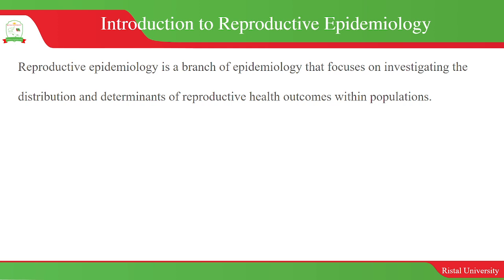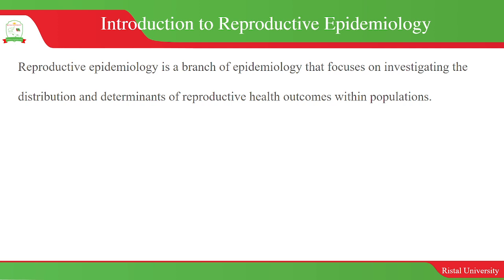When we talk about reproductive health outcomes, we are referring to positive reproductive health outcomes and negative reproductive health outcomes. Positive reproductive health outcomes refer to people attaining the best possible, or optimal, health outcomes. You don't want mothers dying because of maternal related issues.